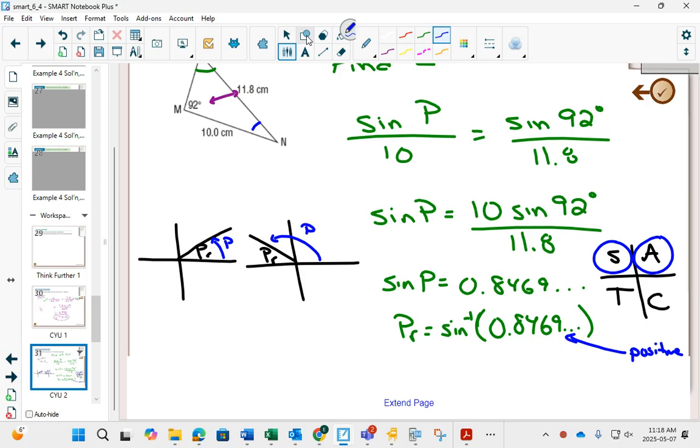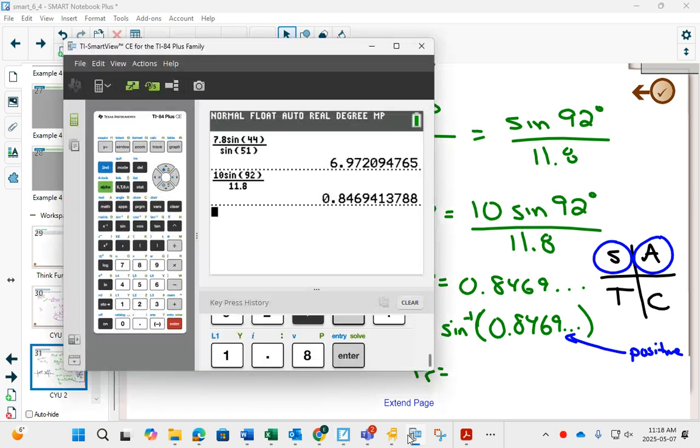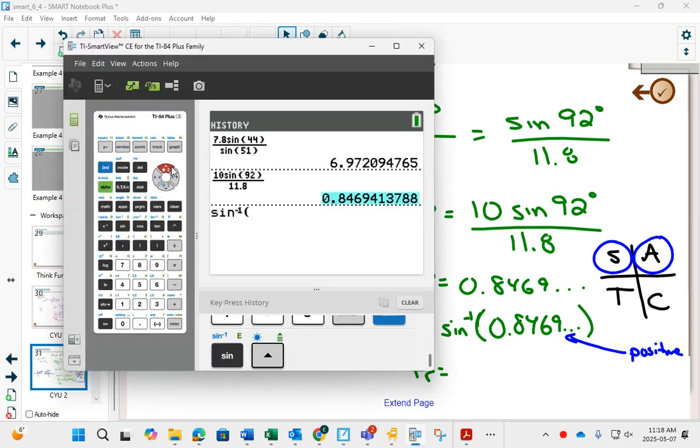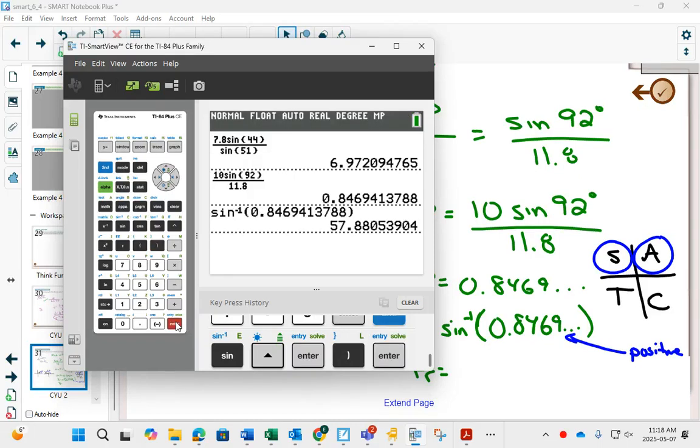But for reference angles, if that answer was negative, we always do sine inverse of positive things to find our reference angle. So our reference angle is going to be, go to my calculator, sine inverse, and I can steal this answer by clicking on it, 57.881.